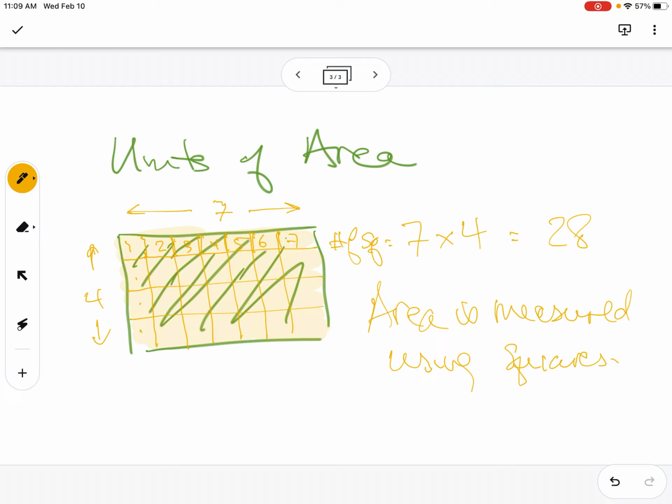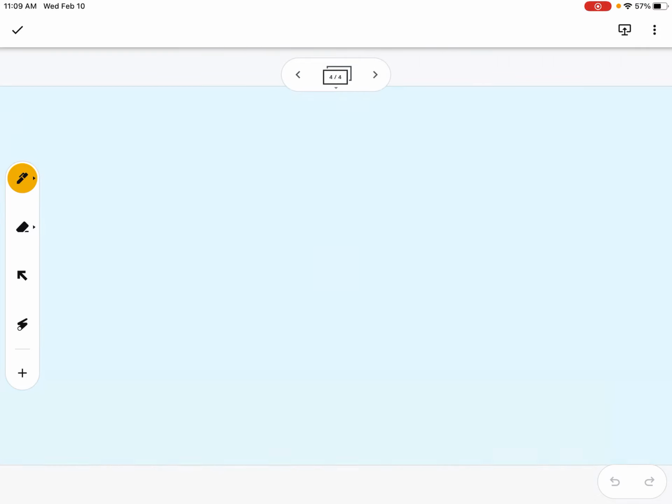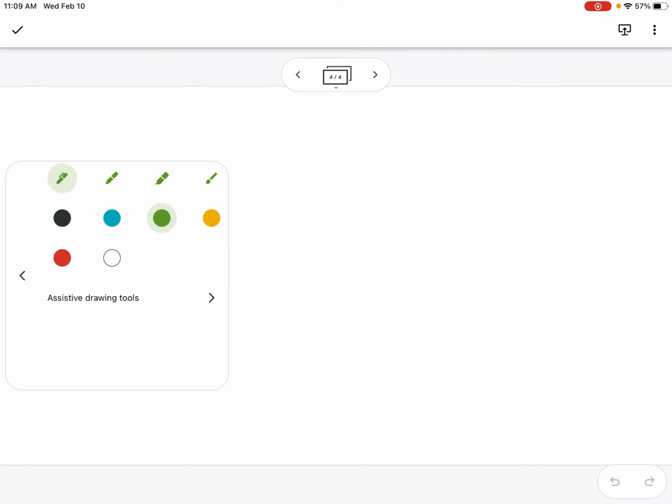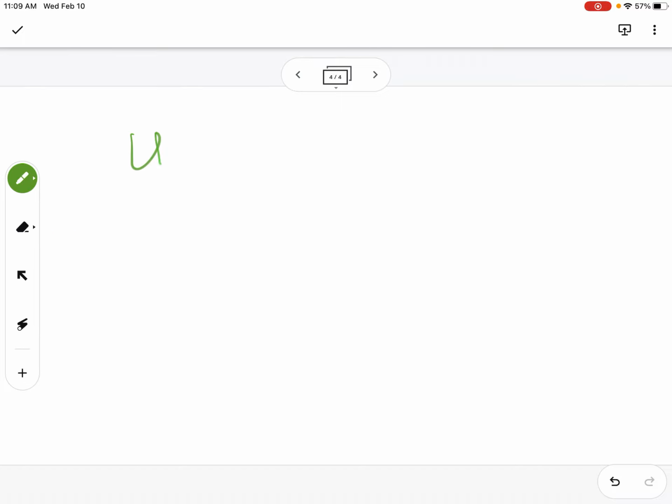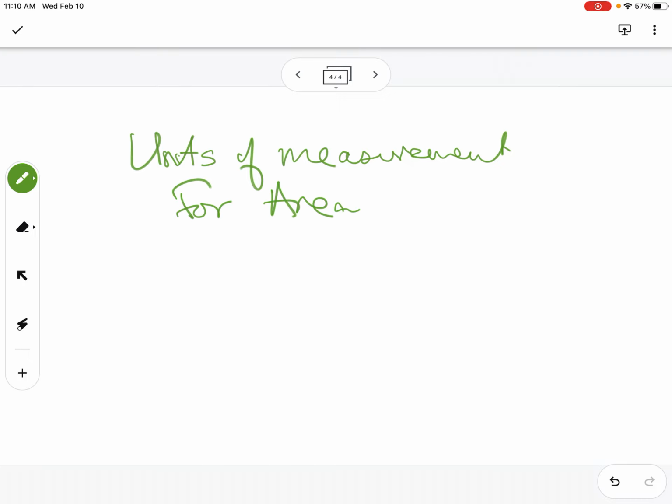So now, how big are the squares? Well, this is where we can say, let's get back our title again so we remember what we're talking about. We're still talking about units of measurement for area. If I'm measuring the area of something small, I might use a square, and remember the thing about a square is all four sides are the same.